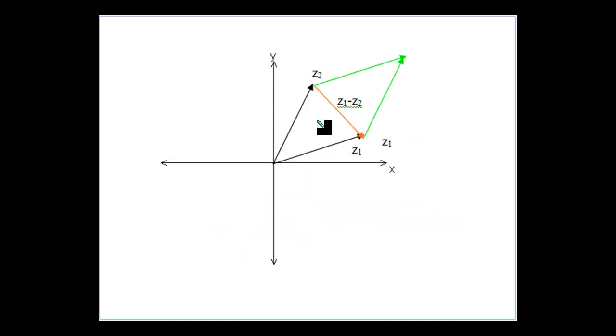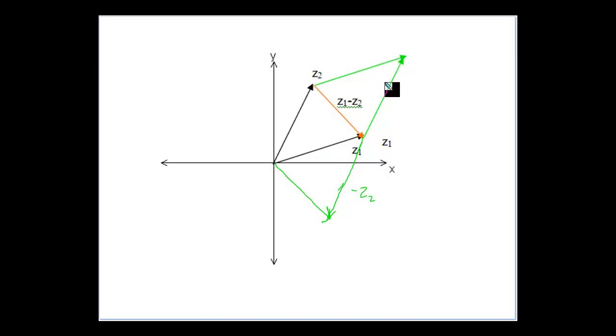So how does that relate back to our original vectors? Well, that's z1, z2. The vector here was z1 minus z2, and that's that free vector just moved up. We can see that was z1, that was minus z2 there, and there's our free vector of z1 minus z2 moved up to that.